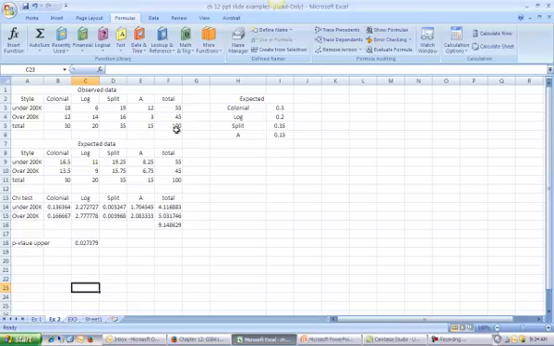So again, the formula is row total times column total, and that numerator divided by your sample size. So for my expected data, my column total is 30 for colonial, my row total is 55 for under 200,000, and my sample size is 100.